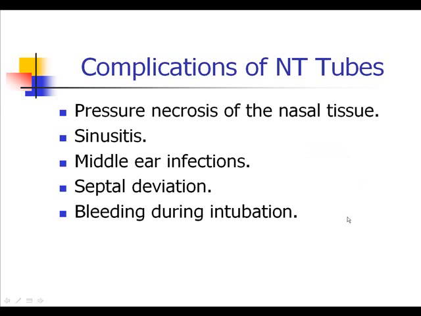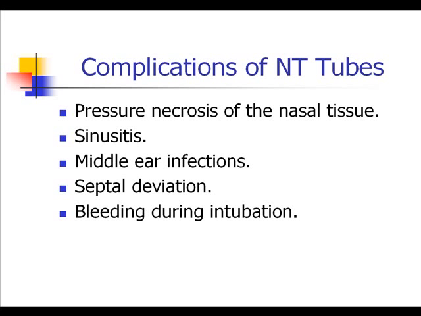One last fact is that nasal tubes are about 2 to 3 centimeters longer than an oral tube, because obviously you're starting from a point further away from the carina, so there are tubes that are specifically designed for nasal intubation.